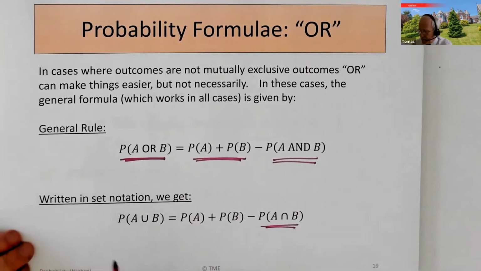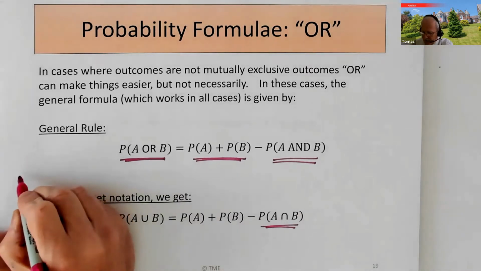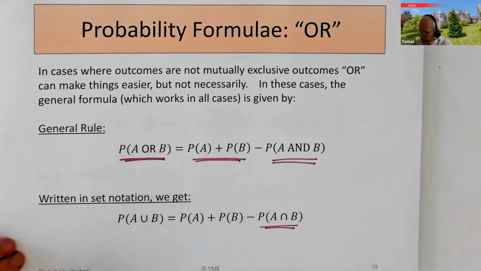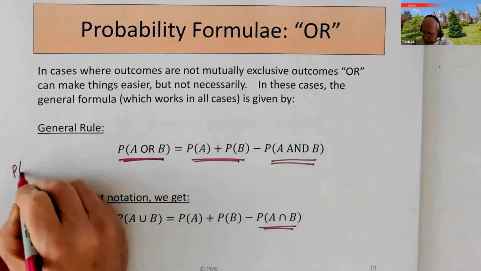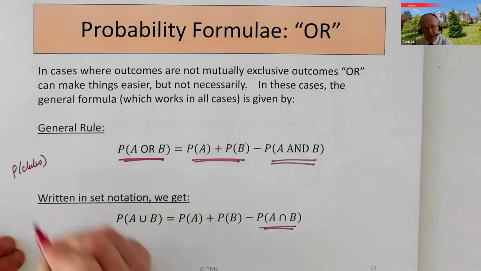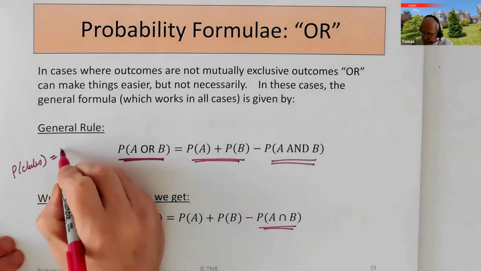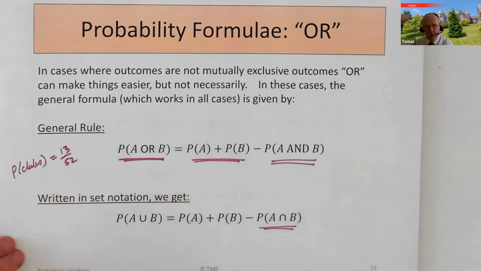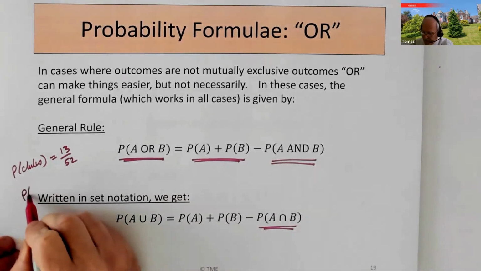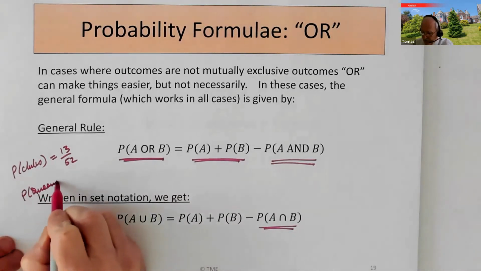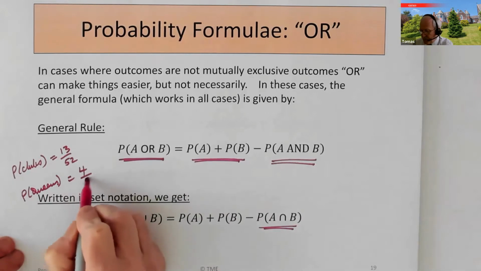So if we go back to the queens and clubs, the probability of clubs was 13 clubs out of 52. The probability of queens, there were 4 of those, 4 over 52.